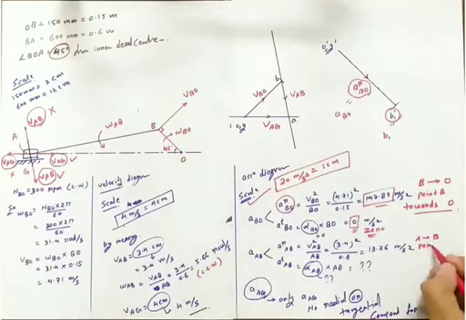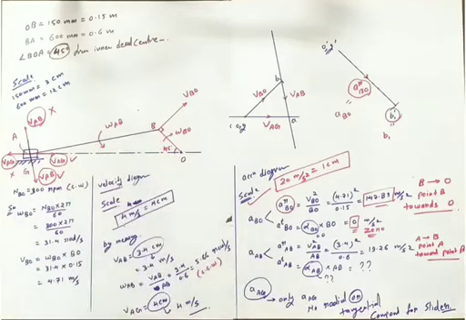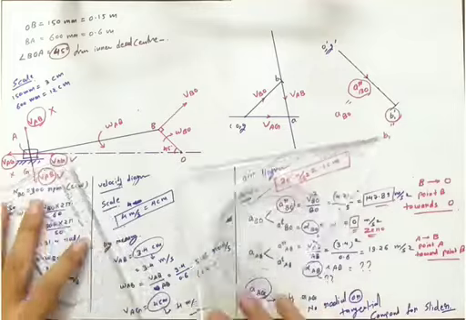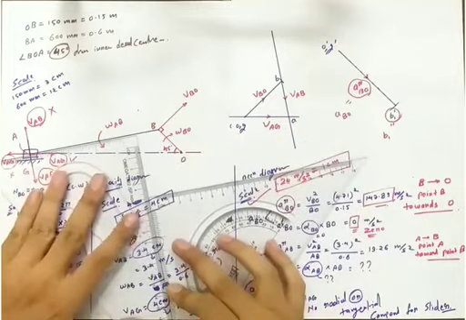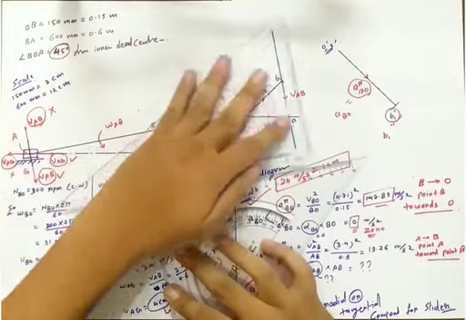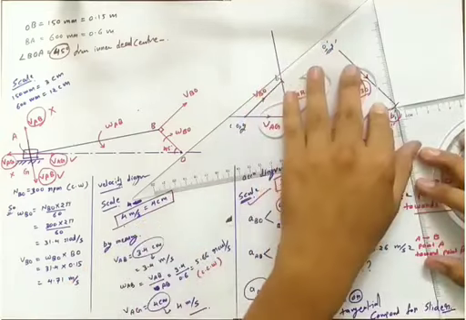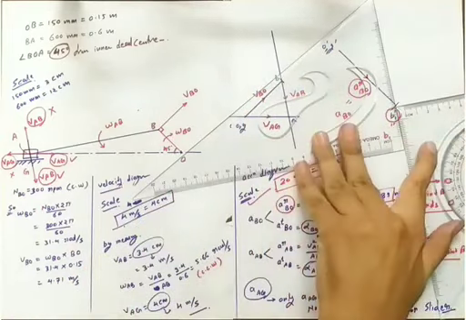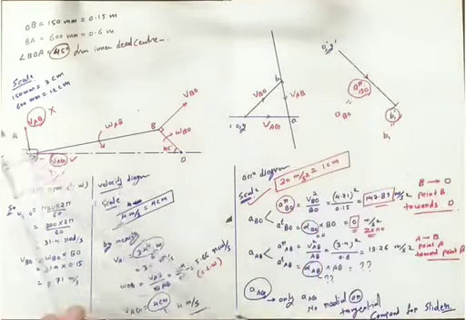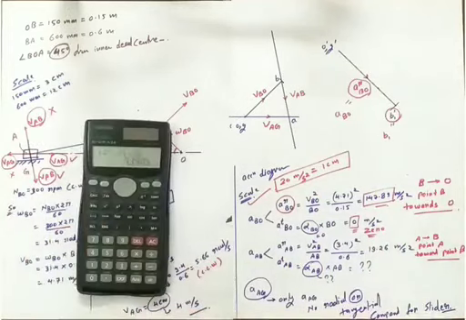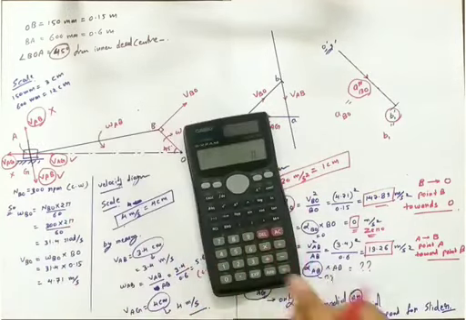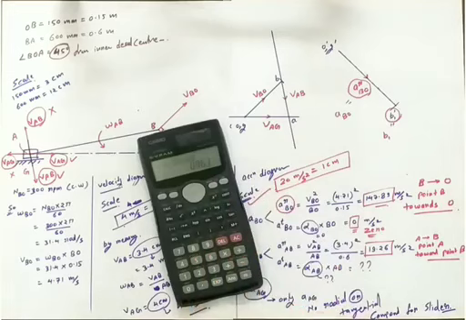Now next is the radial component of AB. Again I will say that from A to B, for link AB the center point is B, so A towards B. So again we will go like this from A to B, and this is the radial component. The value is 19.26, so according to scale, that is 0.96 centimeter.